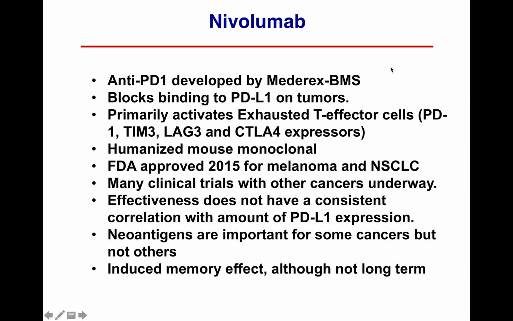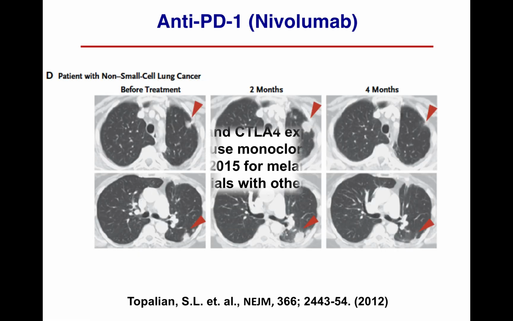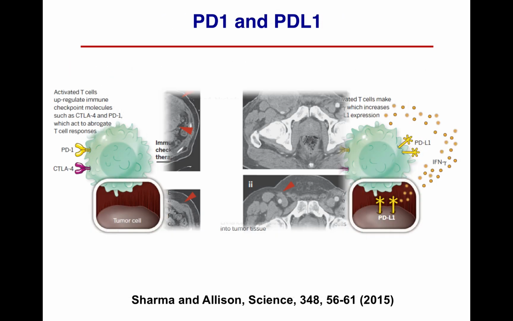So nivolumab is also from BMS. It's an anti-PD-1. It blocks the interaction between PD-1 and PD-L1 on the tumors. So PD-L1 is produced by the tumors. If that wasn't clear, I just want to make sure that is.